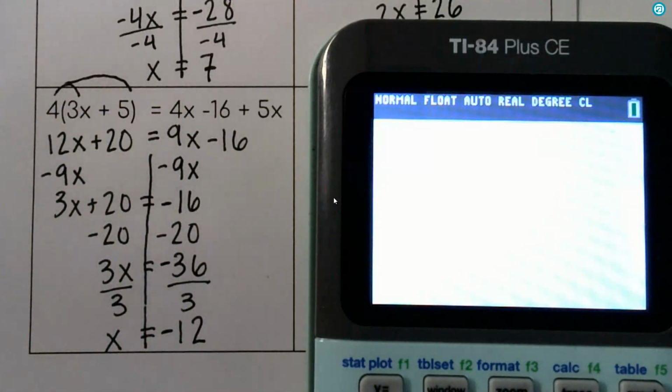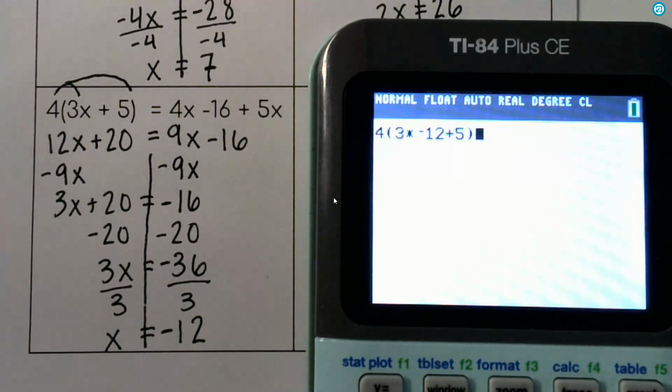If I wanted to do that, for the left side I would do 4, open parentheses, 3 times negative 12 plus 5, close parentheses. I would hit enter. I have negative 124. Leave that in your calculator, plug in negative 12 to the other side, and make sure you also get negative 124.